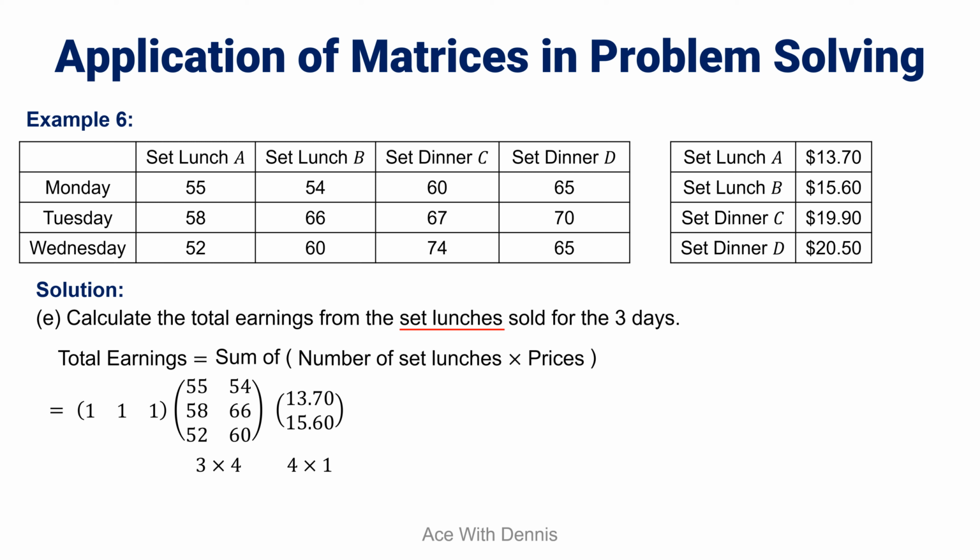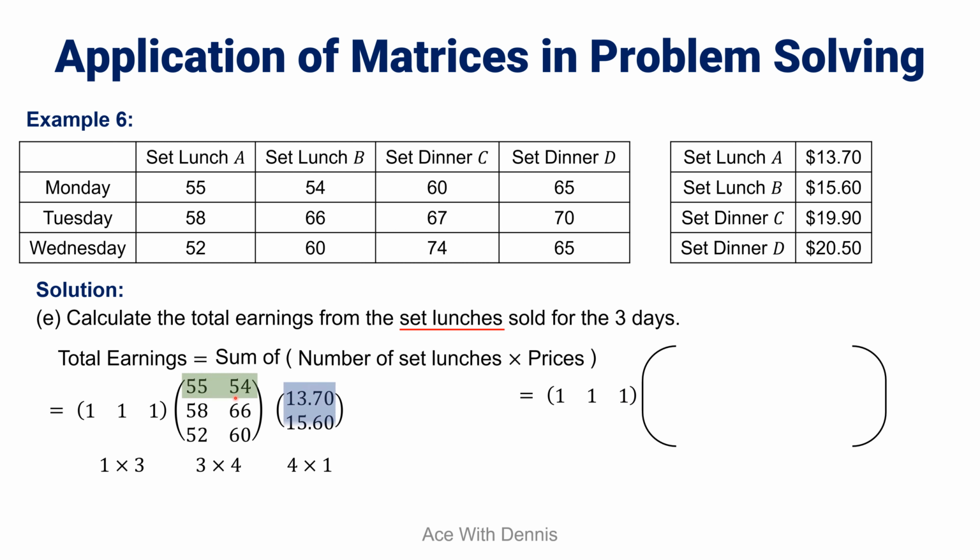Hence, it has to multiply this matrix 1, 1, 1. Okay, so let's check the order for this matrix, which is 1 times 3. And this number equals to this number, so we can multiply them together. Okay, so now let's multiply. It is equals to matrix 1, 1, 1 times with, so multiply these two matrices together.